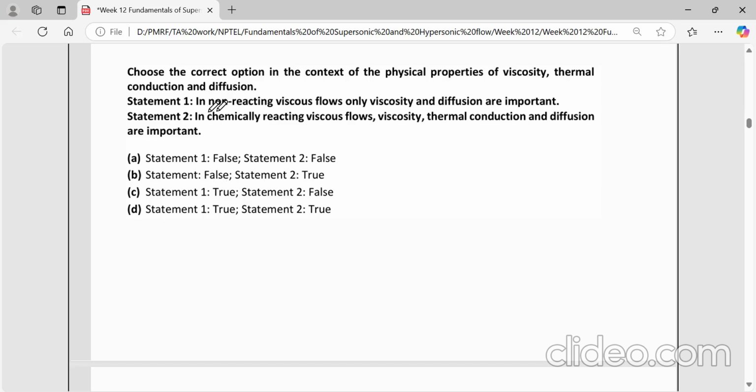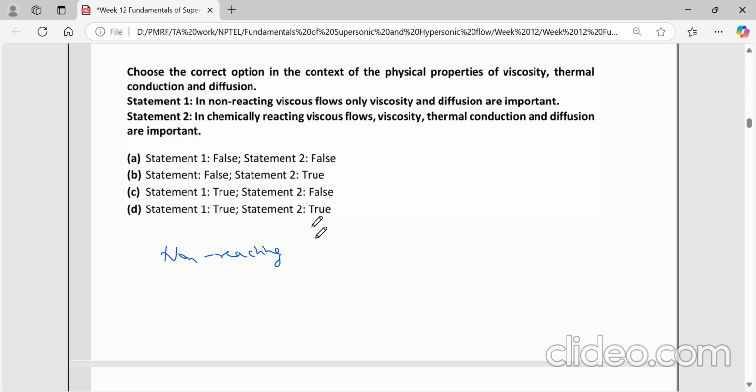So first, for non-reacting viscous flow, if there is non-reacting, then you can say that density of different species is not changing. So there will not be gradient of the species.